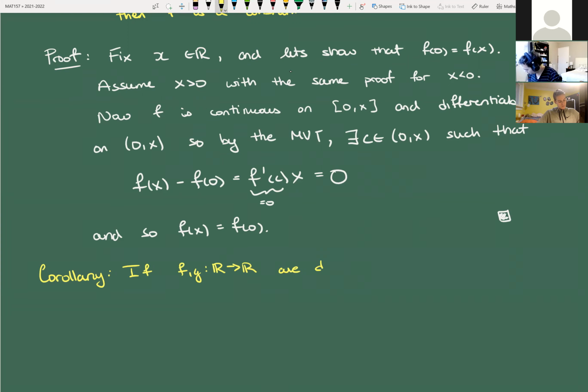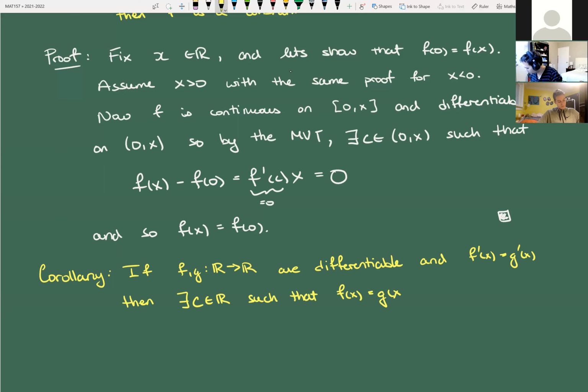Okay, so they're differentiable, and their derivatives are everywhere equal to each other. Then there exists some constant c in R such that f of x is equal to g of x plus c.